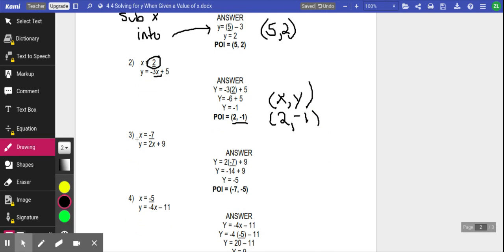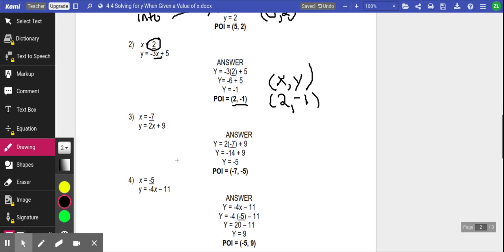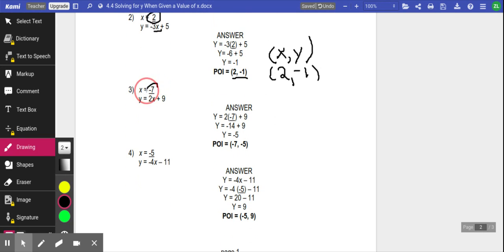So once again, we should know that these two equations are two separate lines, right? This being a line where x equals something, and we discovered this last unit. And then we have our y equals mx plus b formula. So once again, we sub that negative 7 into the x spot. So 2 times negative 7 plus 9.